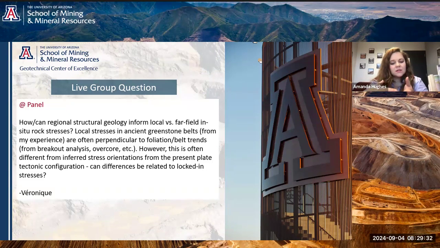But then because those rocks bear that anisotropy in them, that can cause local reorientation of the stresses as well, because they're mechanically different. And so that could be part of the reason why you often would see proxies for the far field regional stress telling you one thing and then seeing some local reorientation from breakout, because that's really reflecting how the far field stress gets modified in the presence of that mechanically anisotropic material that's been deformed under a previous stress.